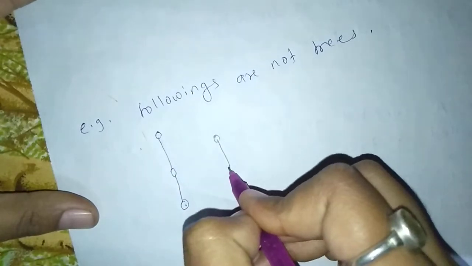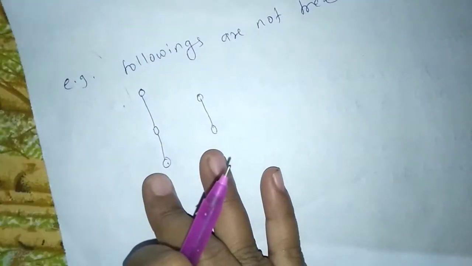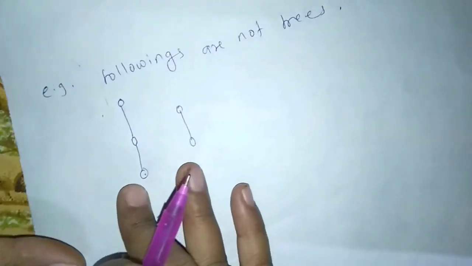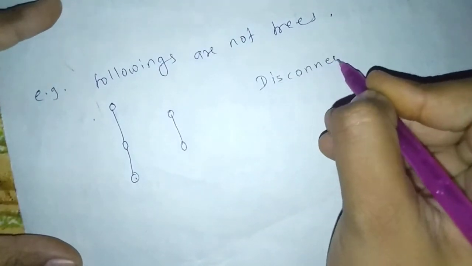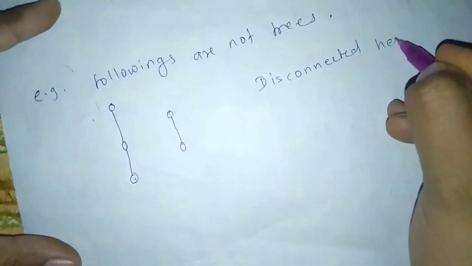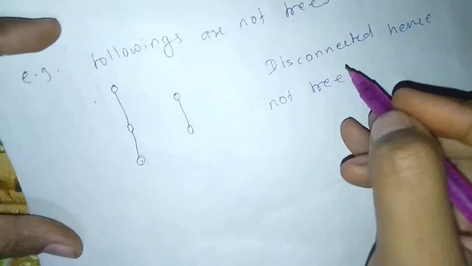This is a graph. This whole is nothing but one graph. So this is a disconnected graph. So this is not a tree. Disconnected. Hence not a tree.